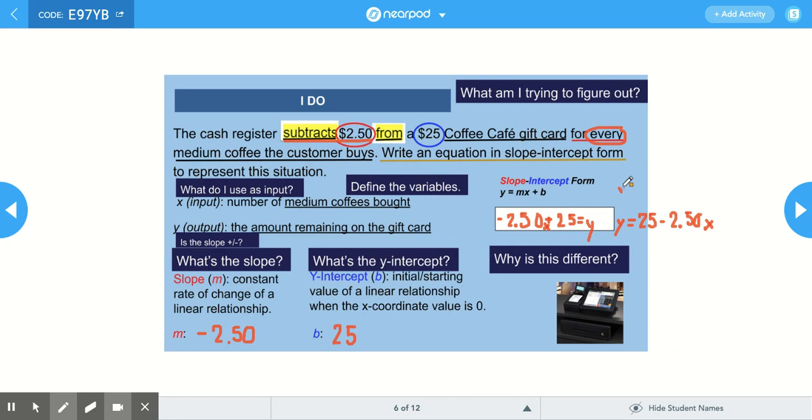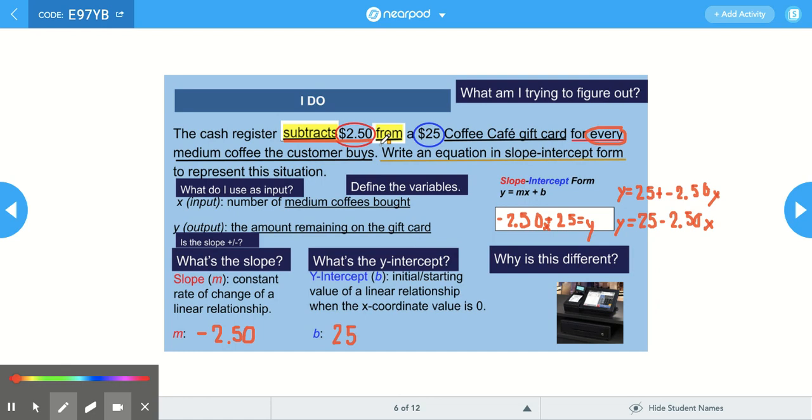But you could also have written y is equal to 25 plus negative $2.50x. In some cases, you can even drop the 0 that's behind the 5.